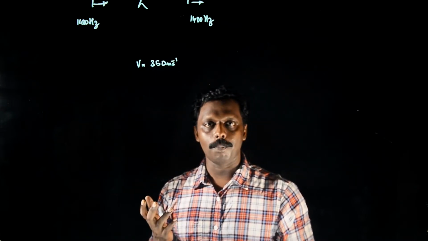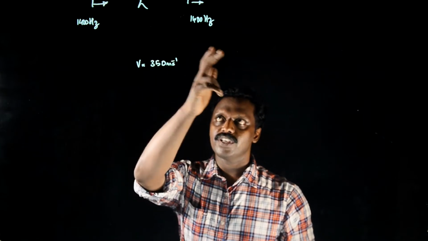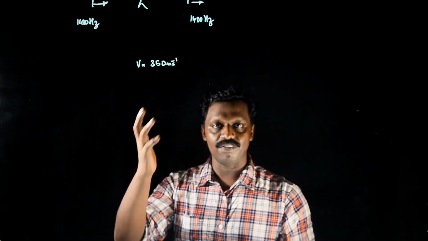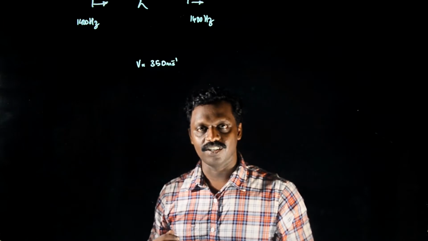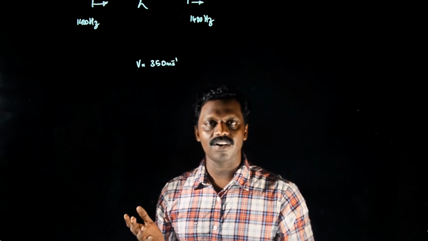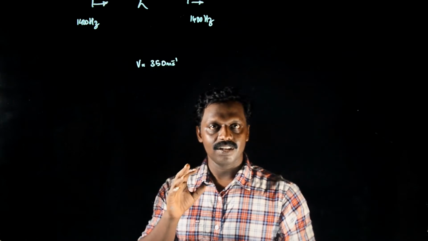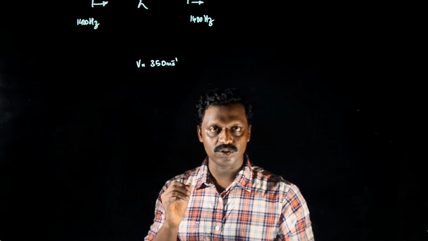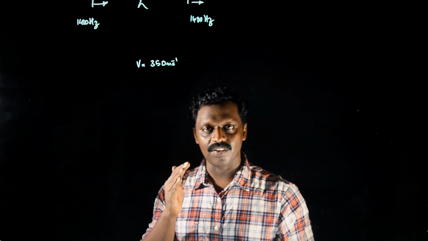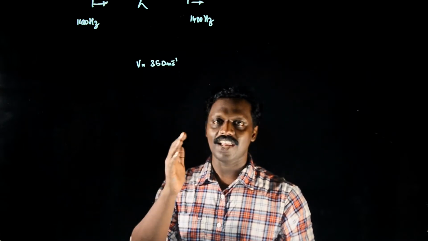And again we have a Doppler effect due to the second tuning fork moving away, that is receding, from the stationary listener. So both frequencies are different, nearly the same as the actual frequency of 1400 Hz. One will be higher and the other will be lower because one is approaching and the other is receding.